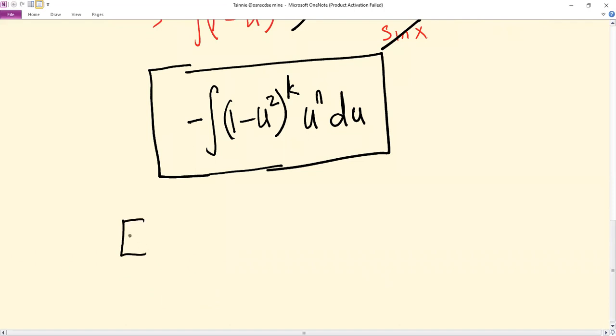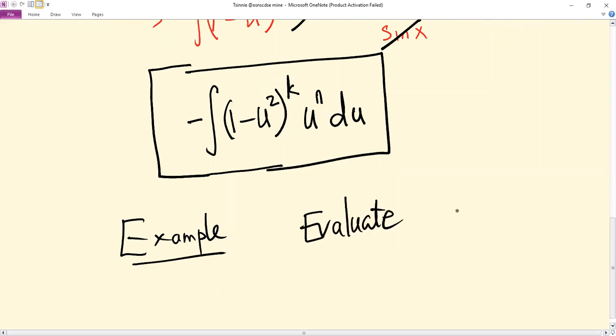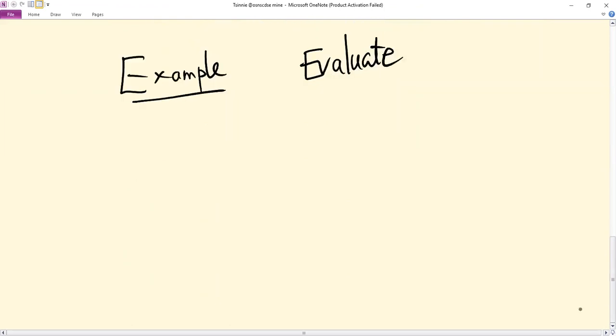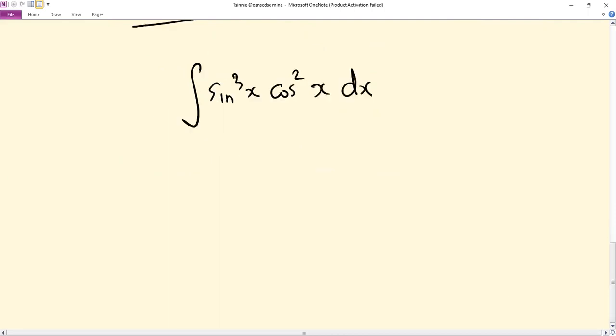So for example, evaluate the integral of sine cubed x cos squared x dx. So you see here, m is 3, which is an odd number.